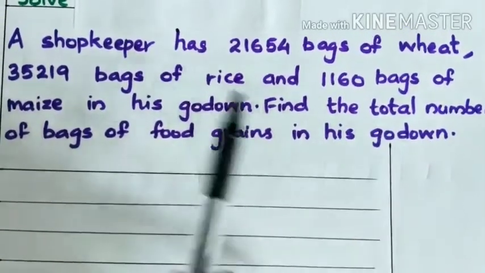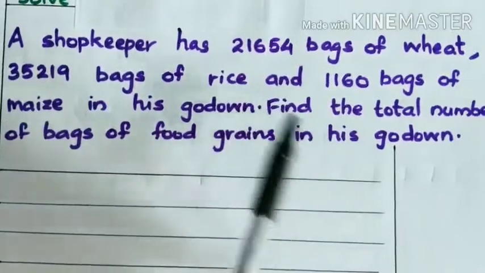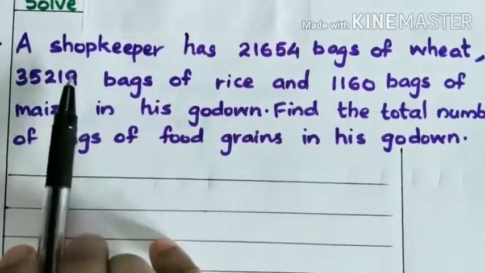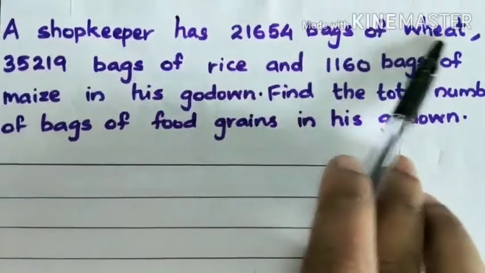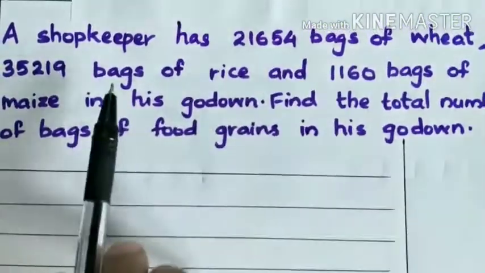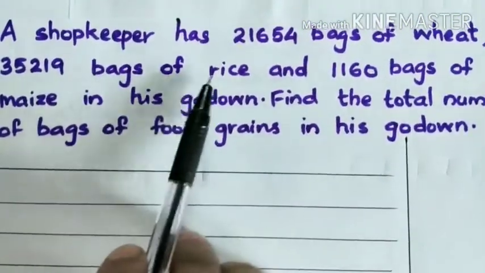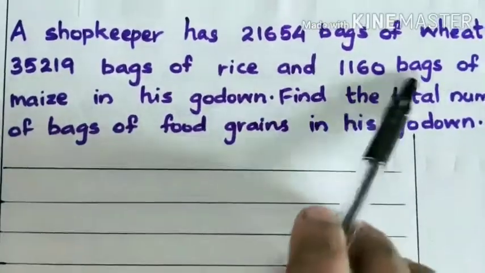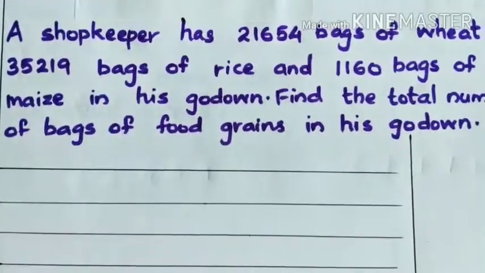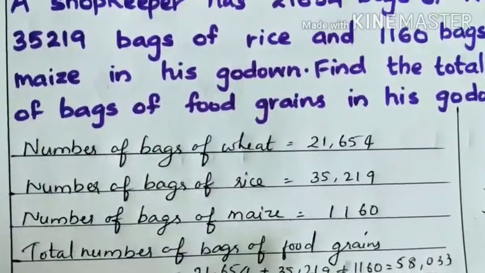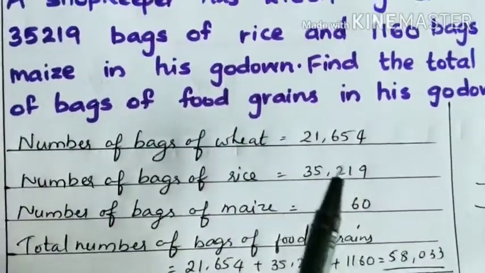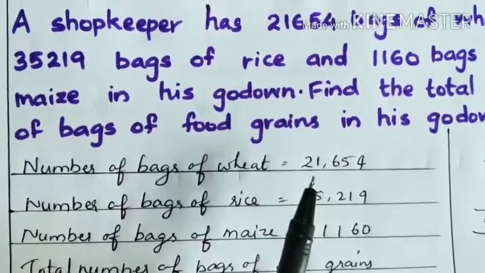So, first we have to write the steps and then we have to add. First step, number of bags of wheat. Second step, number of bags of rice. Third step, number of bags of maize. Fourth step, total number of bags of food grains. Now we have to write the number and add.